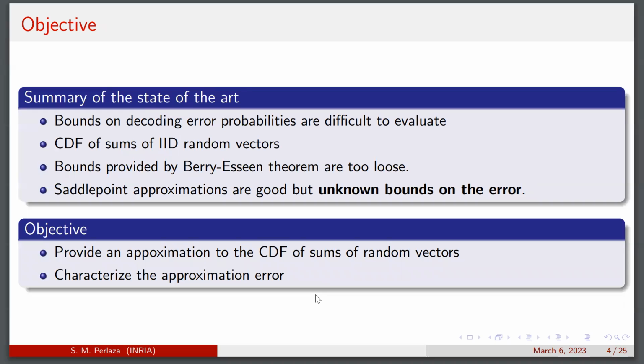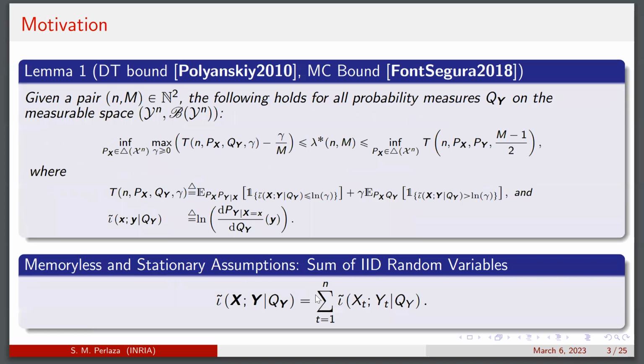Why should the Radon-Nikodym derivative exist? You say it's for all measures Q_Y. Exactly, for all measures. You're given the channel, right? Yes. So Q, I don't understand why this Radon-Nikodym derivative should exist.